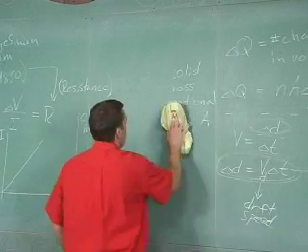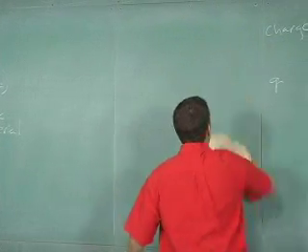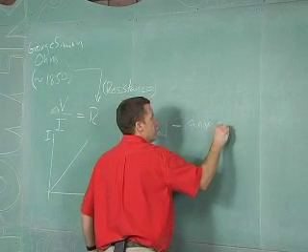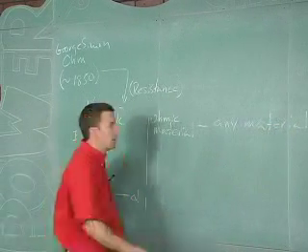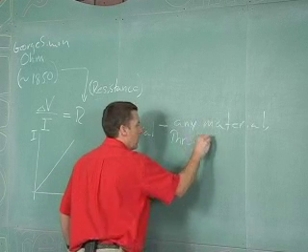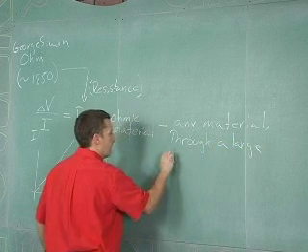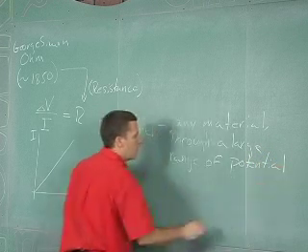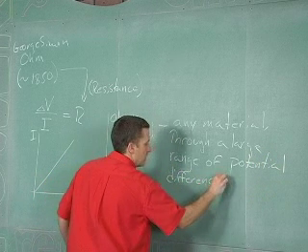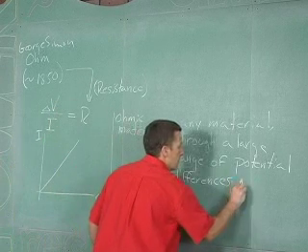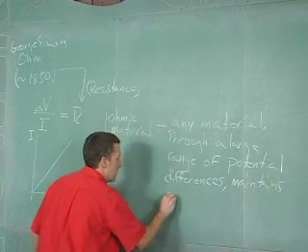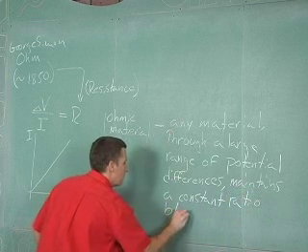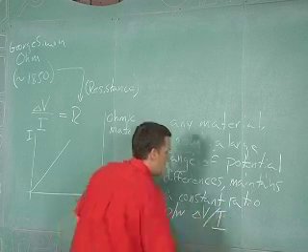An ohmic material is any material that, through a large range of potential differences, maintains a constant ratio between the potential difference and the current.